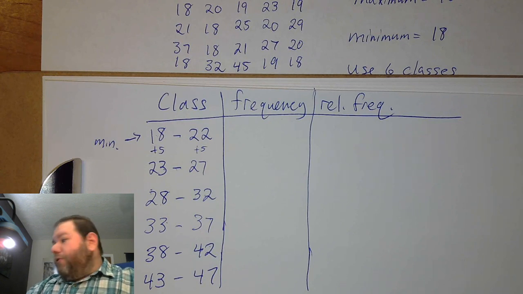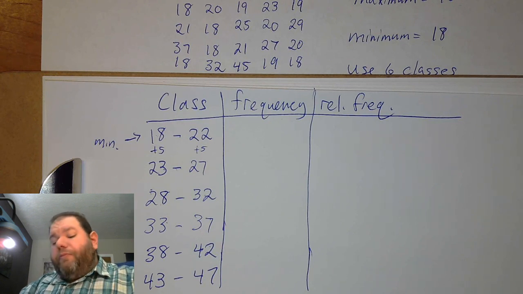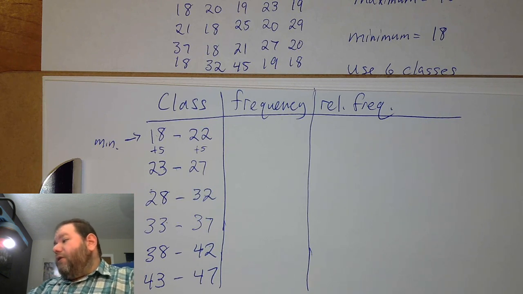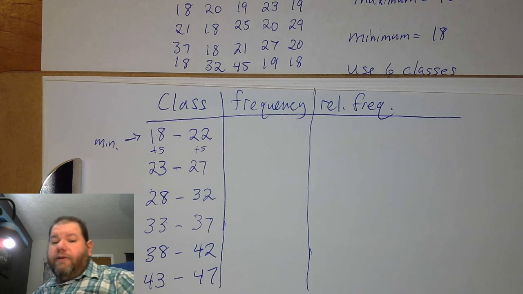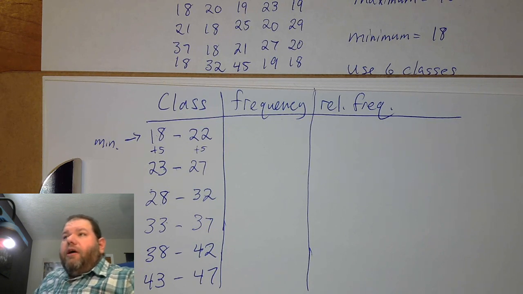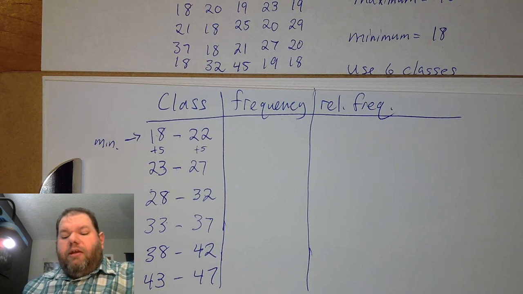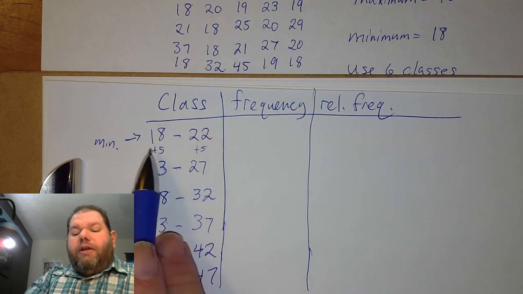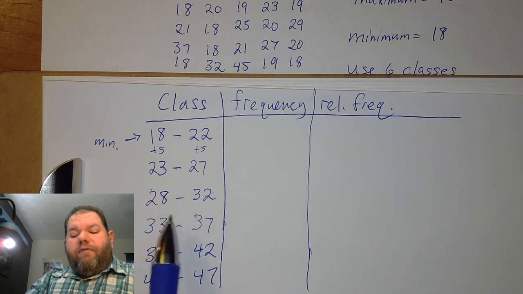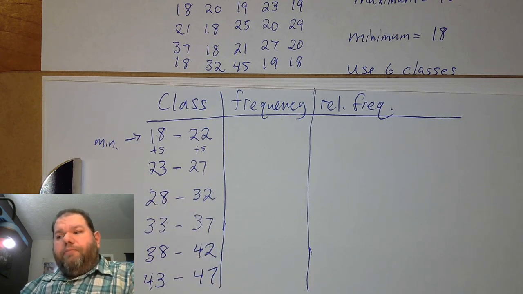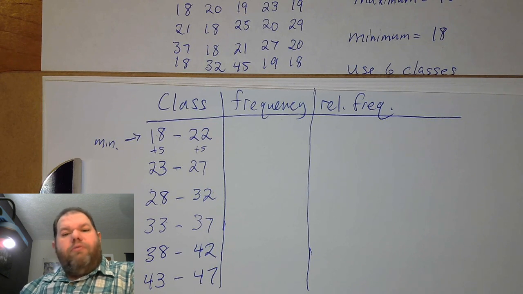And that's a good point, Aileen. We said our maximum value is 45, so this last class does go to 47. And the reason for that is because we want all of our classes to be the same width. Same width means each one has the same distance from first to last. In a proper grouping, we want all of our classes to have the same width.